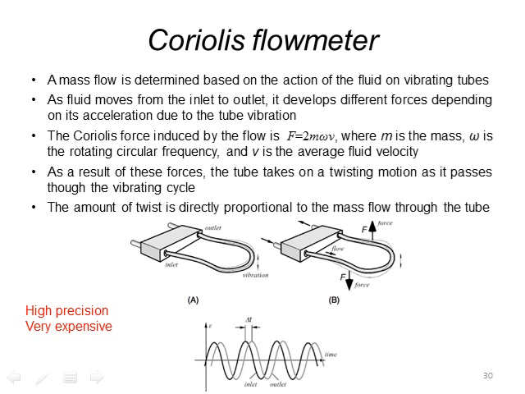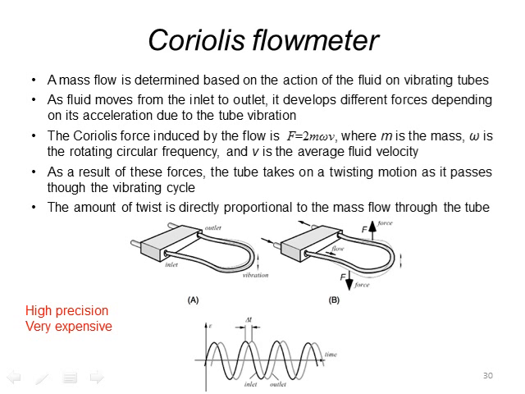So the force that moves in these 2 directions is going to be 2 times mass times omega, the speed or the frequency, times the average fluid velocity. And then we can measure this deflection of the tubes, or the properties transduced into an electrical measurement.